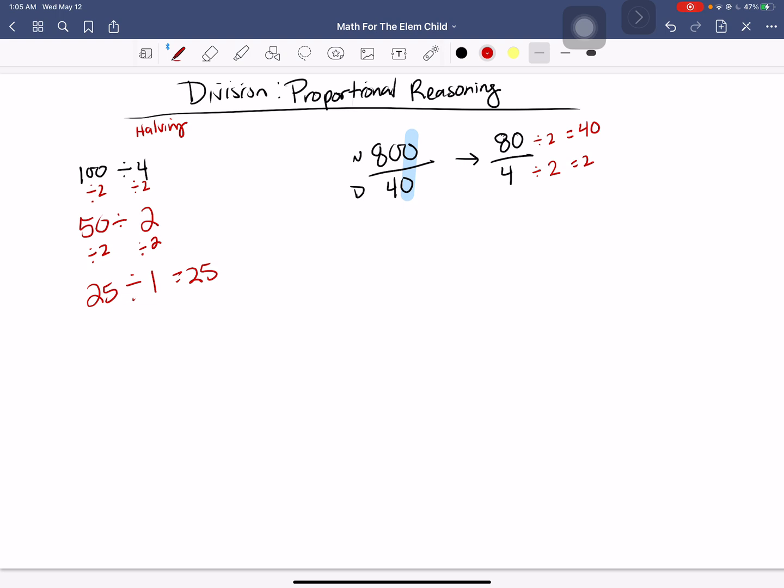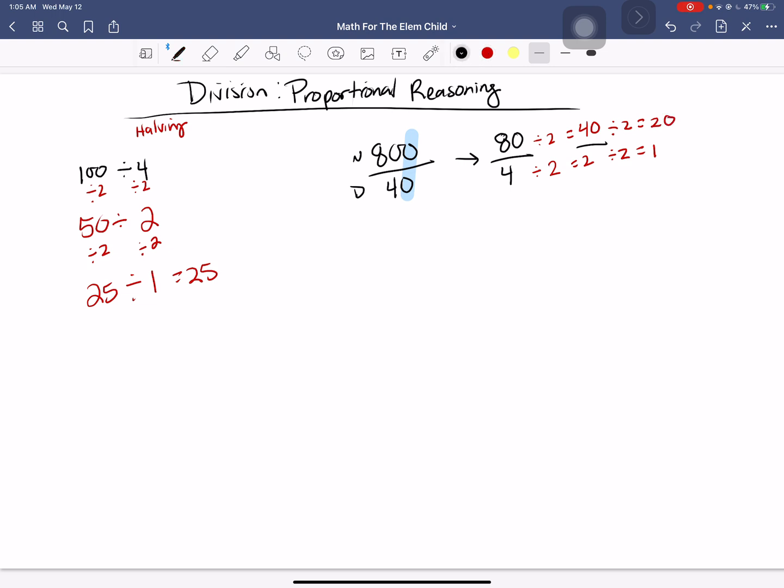Now, if we were to reduce it again, because they most definitely can be reduced, we can reduce 2 by itself. 2 is a multiple of 2, so we divide by 2. We get 1. Keep it balanced. Divide 40 by 2, and we get 20.